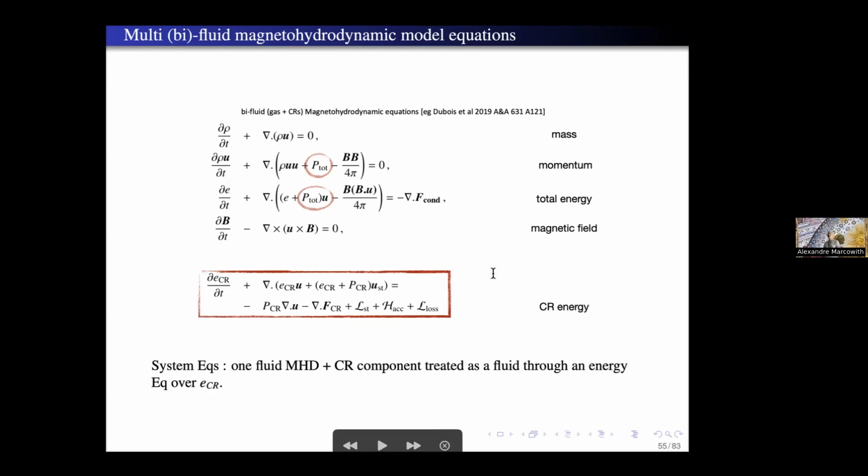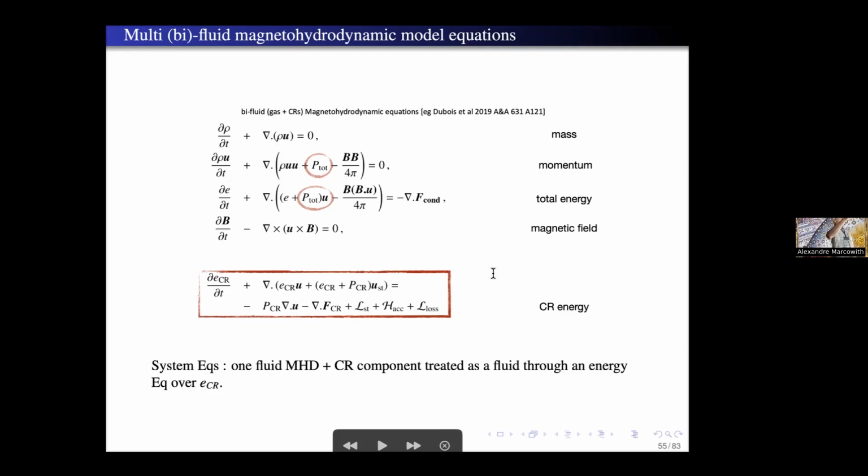This is a very active field of research. You have a series of processes which are important to evaluate the amount of cosmic ray energy density you have in your interstellar medium, which is on the left-hand side.